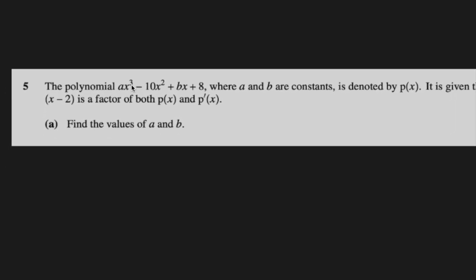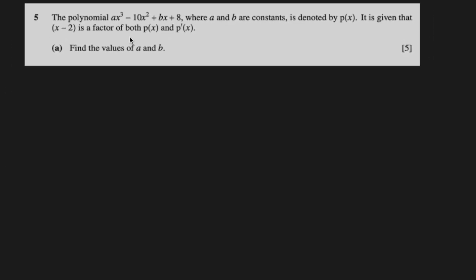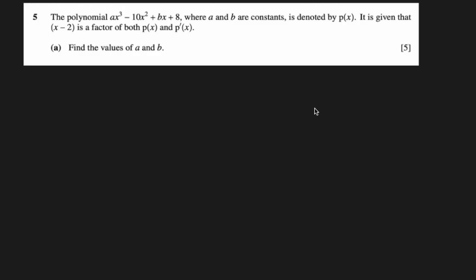Okay, let's go to the next one, which is this one. The polynomial, this one where a and b are constants, is denoted by P(x). It is given that this is a factor of both P(x) and P prime of x. Okay, so let's do what? P(x) we already know. Let me rewrite it.